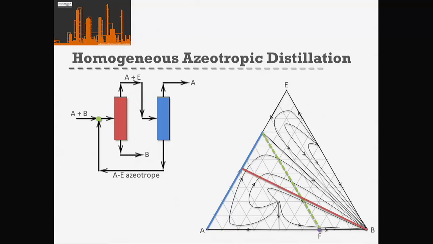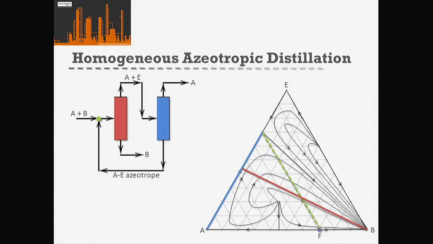However, we don't necessarily know how easy this separation is until you actually do the calculation for the reflux ratio and the number of trays that we need. So although it's allowed us to design this system, we've got essentially a design choice, and that design choice is how much solvent, how much of our entrainer, do we add.